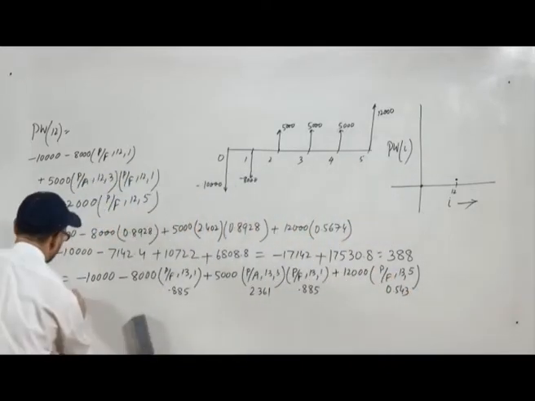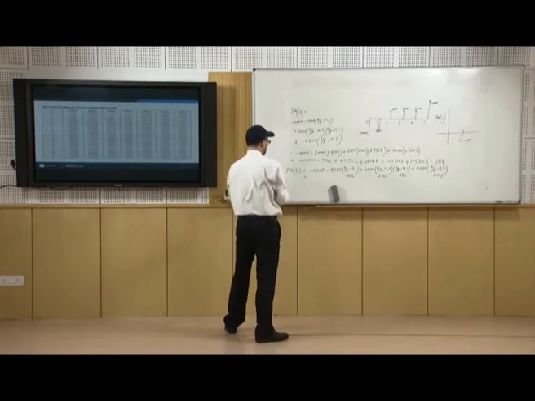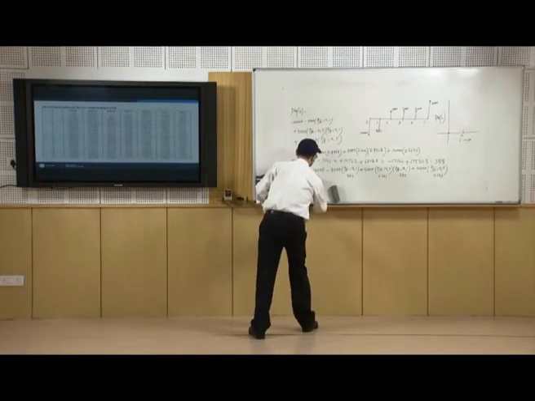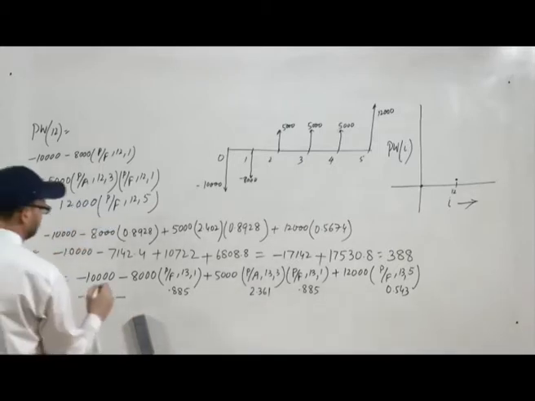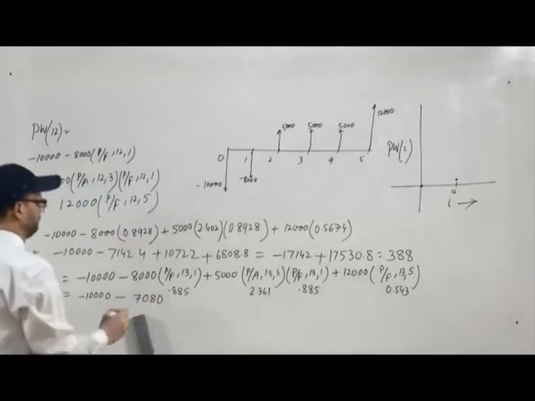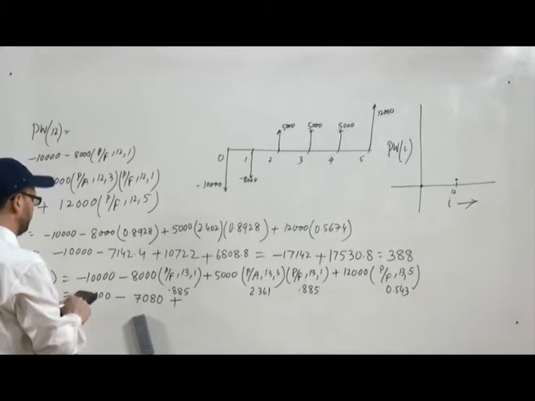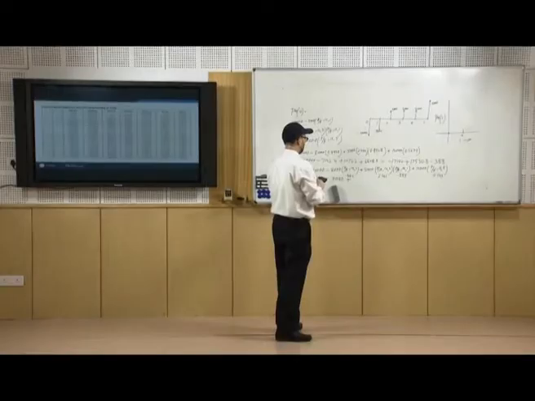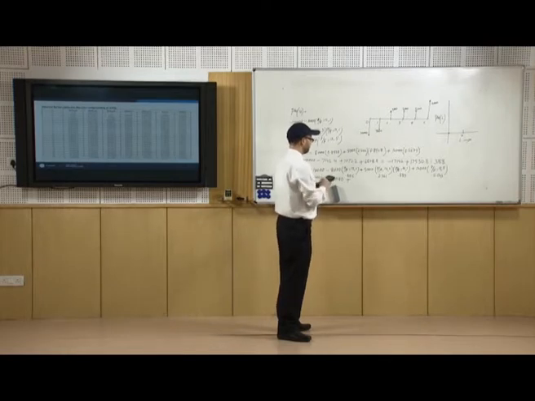So, if we do the multiplication further, we have minus 10,000 minus 7080 plus 5,000 multiplied by 2.361 multiplied by 0.885.